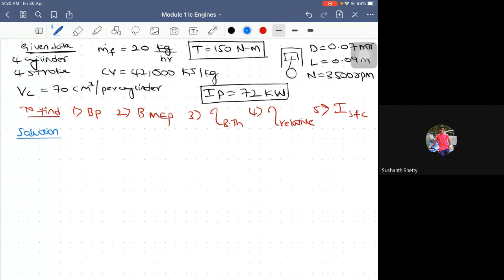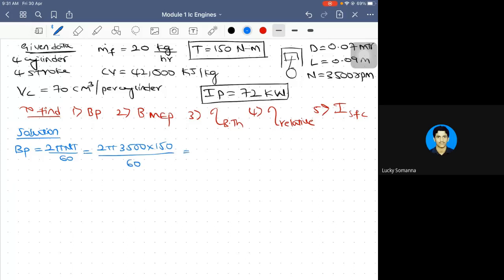Solution. Any problem in calculating BP? So how do you calculate BP, guys? 2 pi N T divided by 60. So you have the value of N, you have torque, just substitute and get the value. 2 pi N is 3,500 cross, torque is 150 Newton meters already.